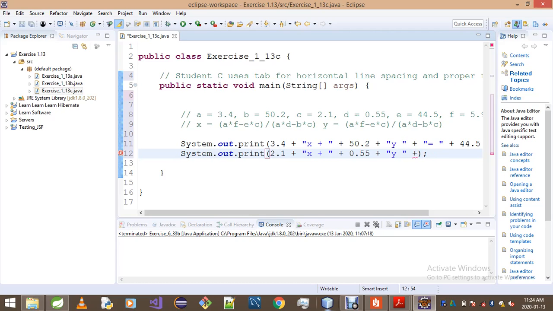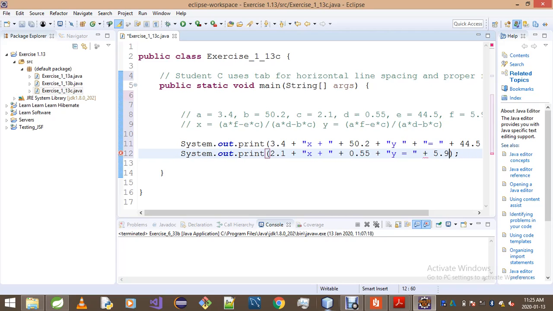Okay, then we concatenate that with the equals sign. Of course we can do this, y equals 2, okay, and our final number, which is 5.9.